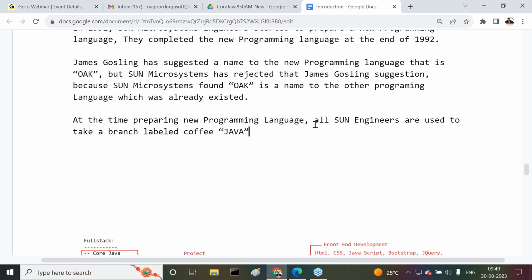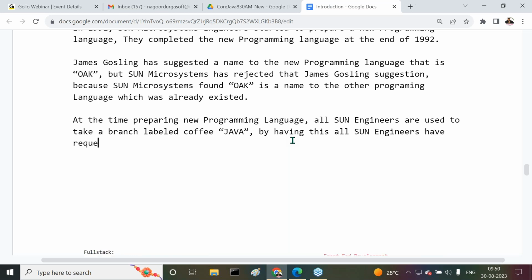At the time of preparing this new programming language, all Sun engineers used to take a brand-labeled coffee, Java. By having this, all Sun engineers have suggested to Sun Microsystems the name Java.